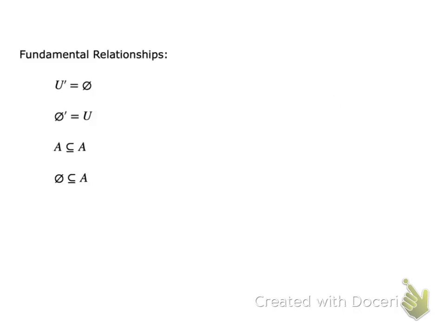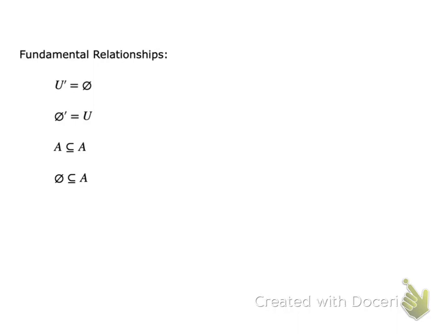Okay, so fundamental relationships. The complement of U is always going to be the empty set or the null set. And the complement of the empty or null set is always going to be U. That's just known. There's no exception to it. If I ask you what's the complement of U, it's the null set.